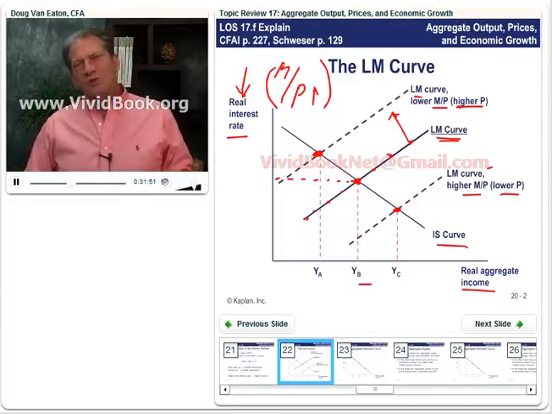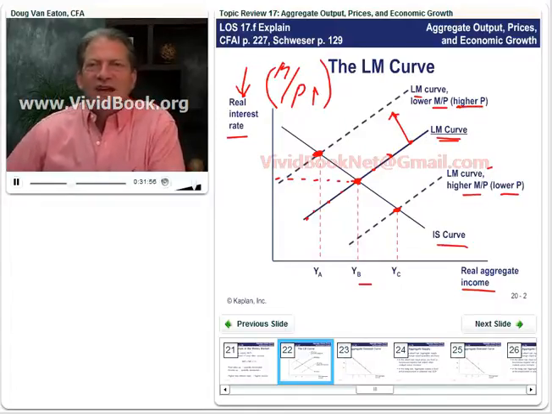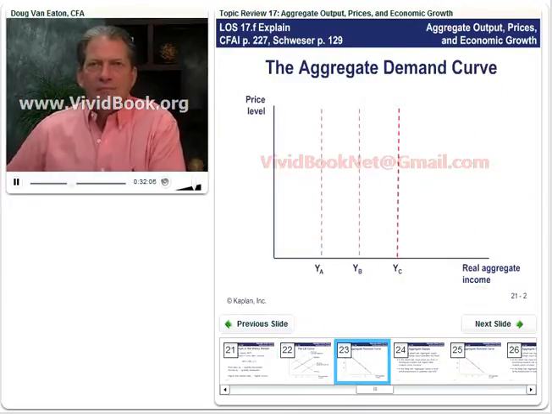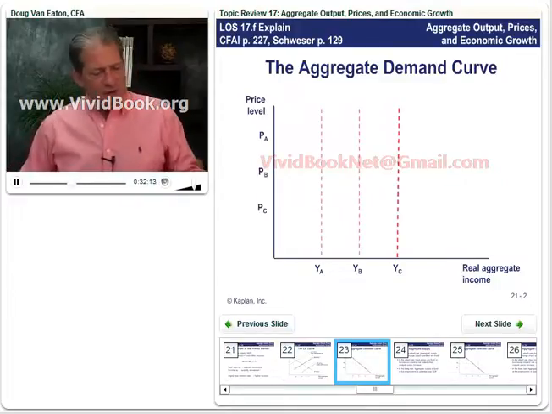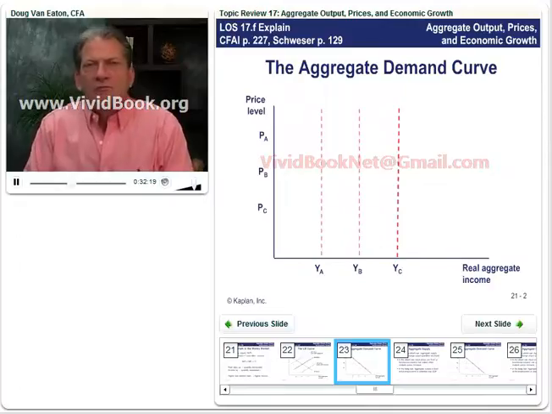So just as we did when we were constructing that IS curve, we can take these intersections, and now we want to plot the price level versus equilibrium real income. We'll do that just by putting these pairs on. Now, with the IS-LM model, we had real interest rates on the vertical axis, the y-axis.